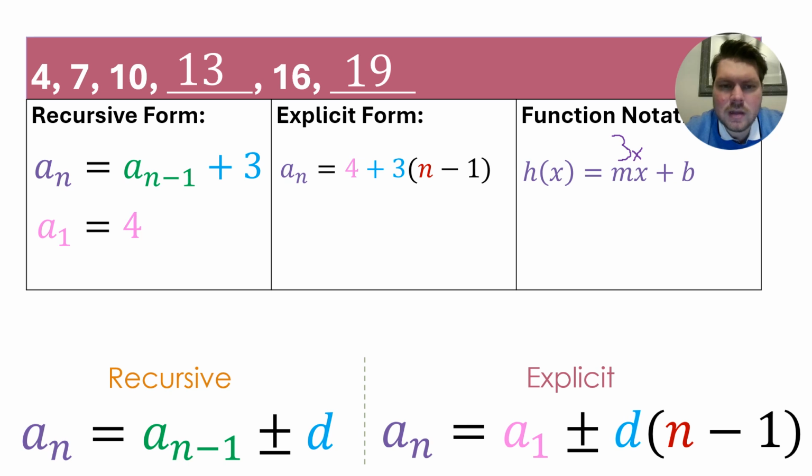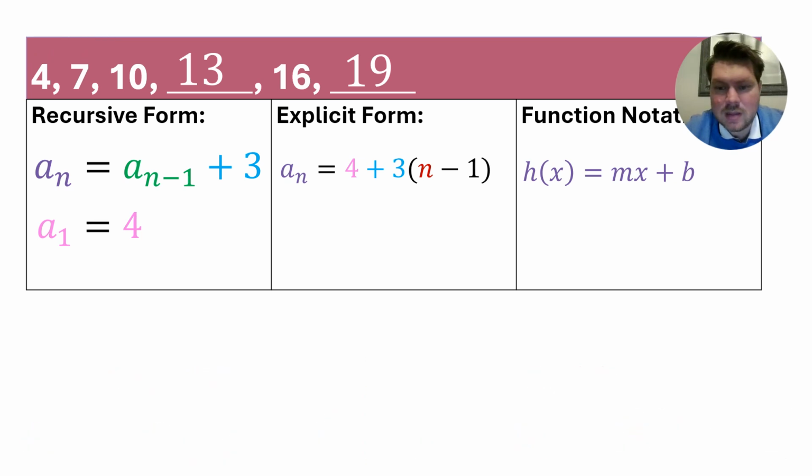I could plug in 0 here to find my b. I could look at the pattern. So a lot of people did that in class, and that's probably the easiest way. So it's going 4, 7, 10. So if I went backwards, I could subtract 3 from 4.